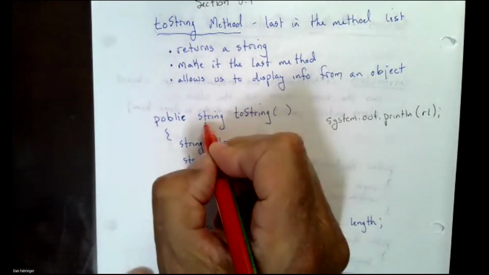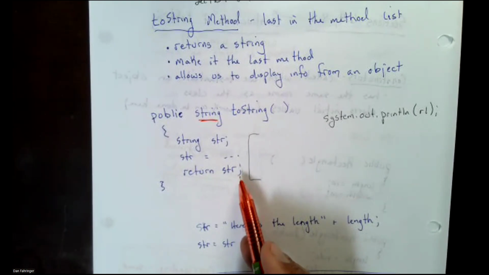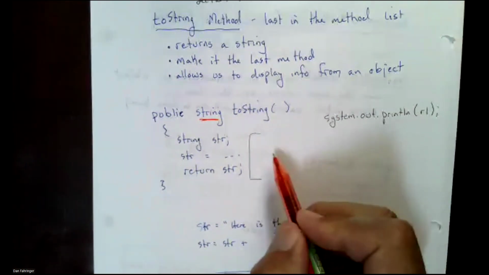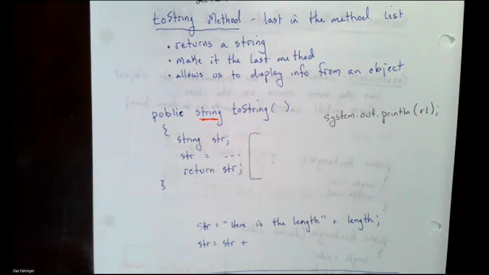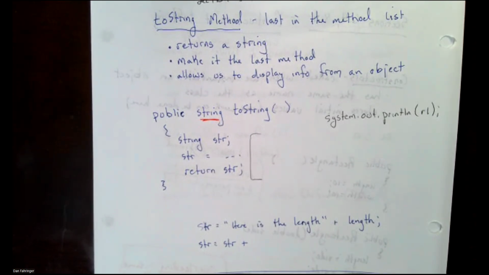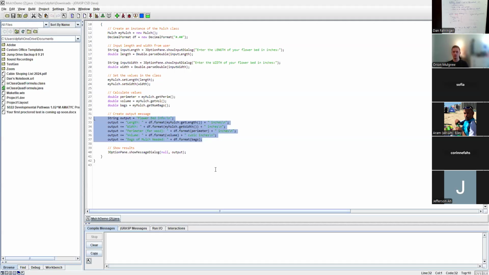Its return type is a String, so I need to be returning a string. So Al-Haji's code would go here and we would be returning output.